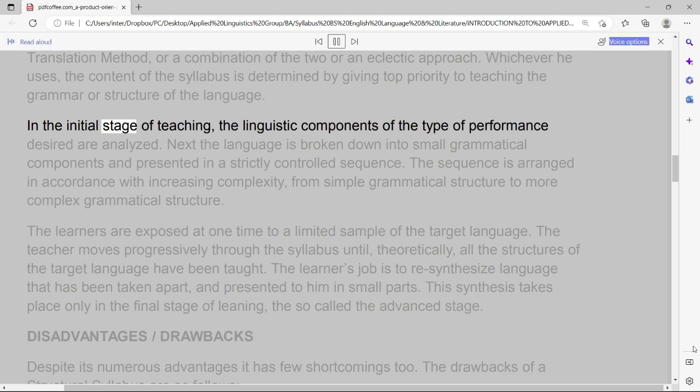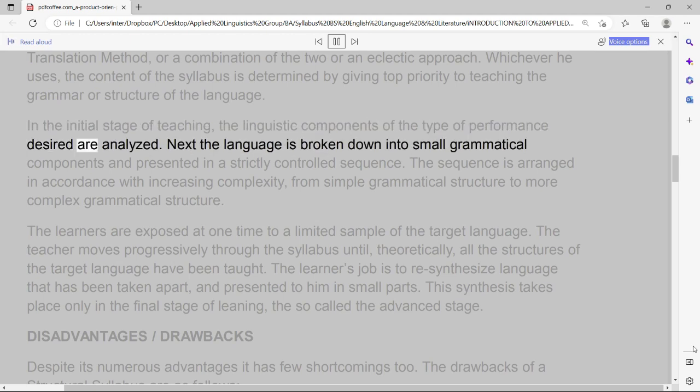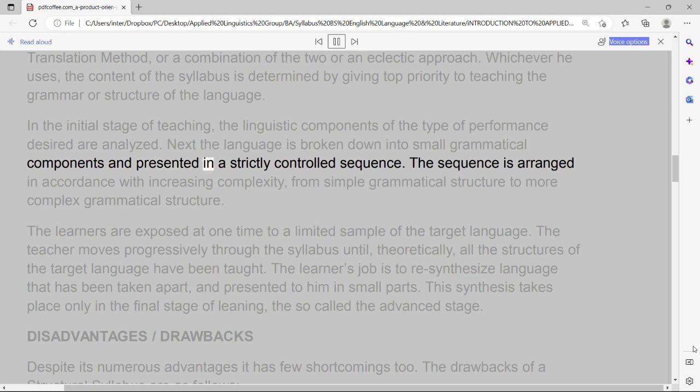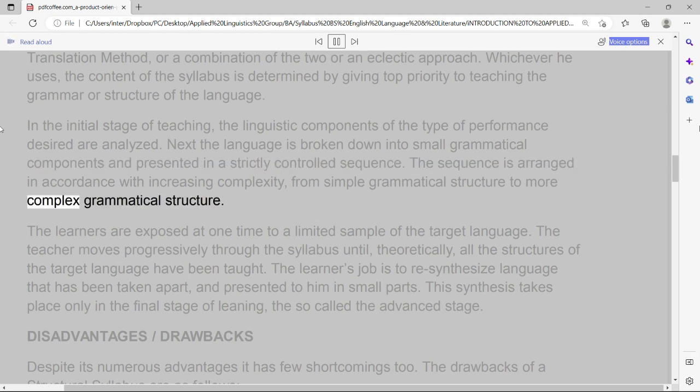In the initial stage of teaching, the linguistic components of the type of performance desired are analyzed. Next, the language is broken down into small grammatical components and presented in a strictly controlled sequence. The sequence is arranged in accordance with increasing complexity, from simple grammatical structure to more complex grammatical structure.